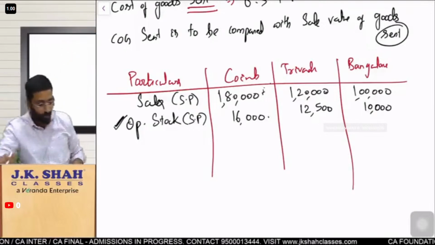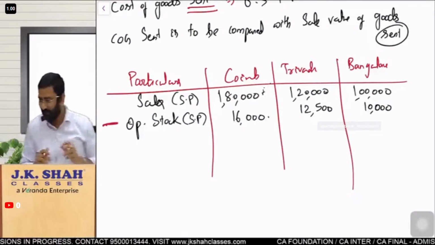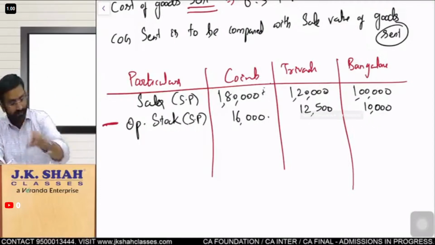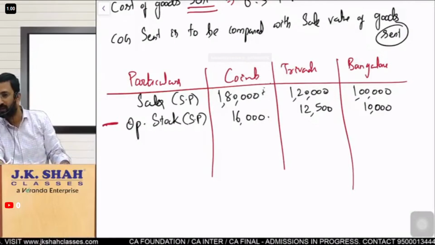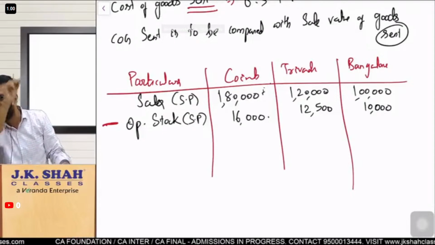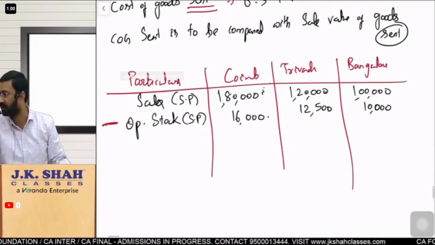So what should I do? Opening stock would have been sold in the current year, so the 16,000 will be there in 1,80,000, but it was sent last year. I want the sale value of goods sent in the current year.